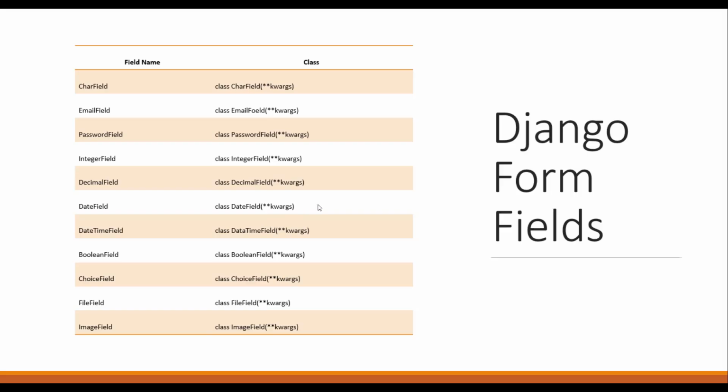The first field is the CharField. The class used for it is CharField, and in parentheses we pass different keyword arguments as per our requirement. In HTML, it works as a text input. The next field is the EmailField, and we pass different keyword arguments to it also.